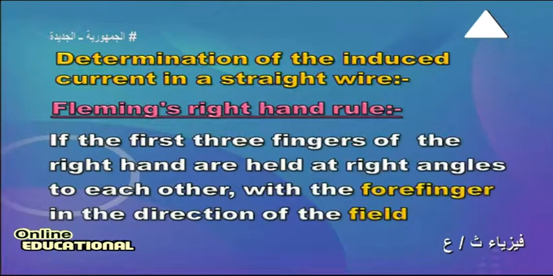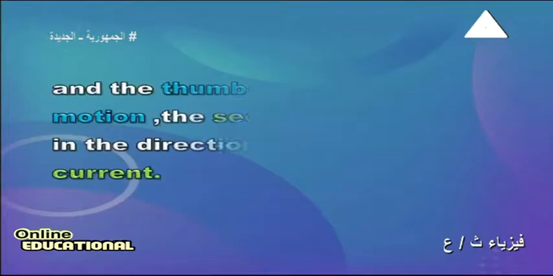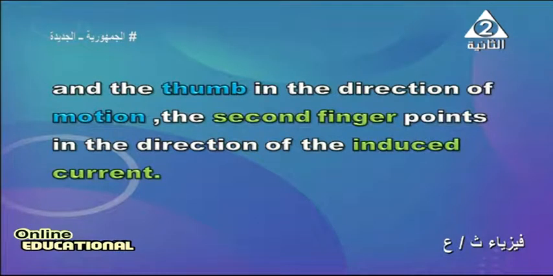It states that if the first 3 fingers of the right hand are held at right angles to each other, with the forefinger pointing in the direction of the field, thumb in the direction of motion, the second finger, yes, points in the direction of the induced current.